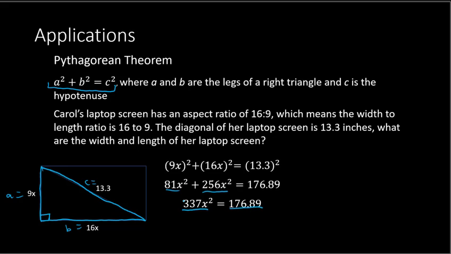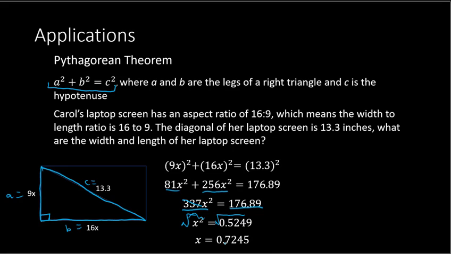When you do that, we have x squared on the left, and 176.89 divided by 337 on the right would give you 0.5249. And then to finish off, to solve for x, we can take the square root of both sides. So now we have x on the left, and the square root of 0.5249 would be 0.7245.